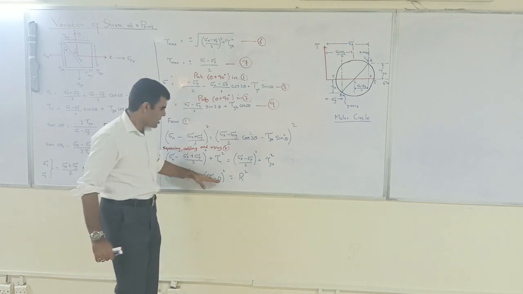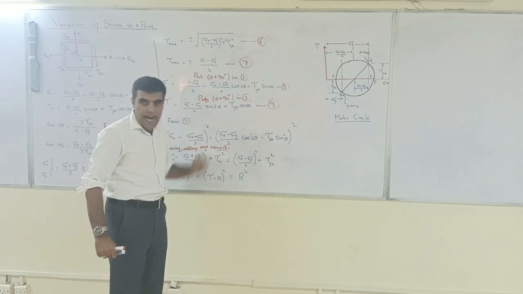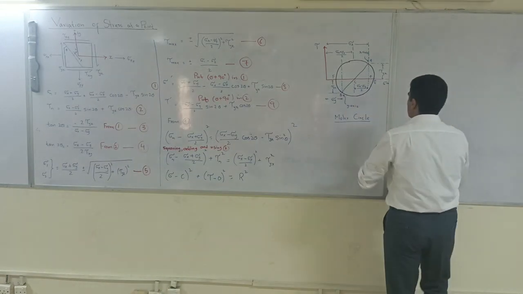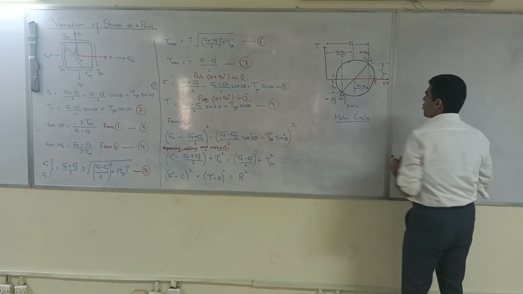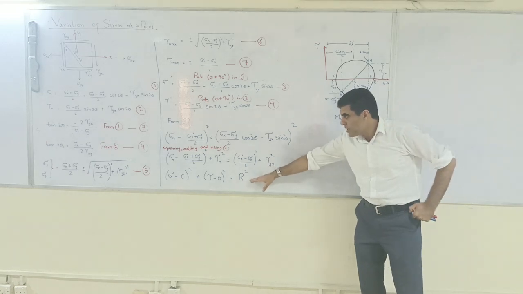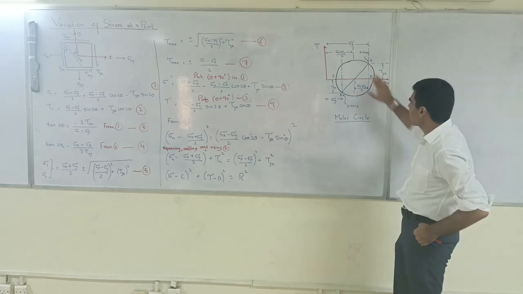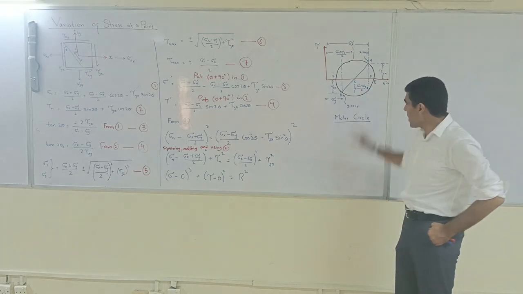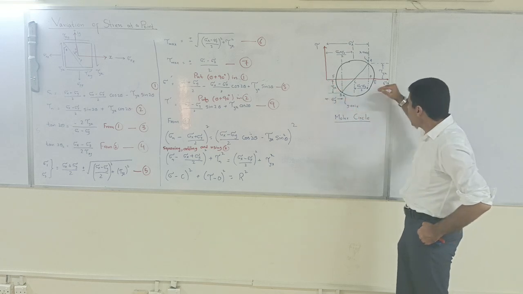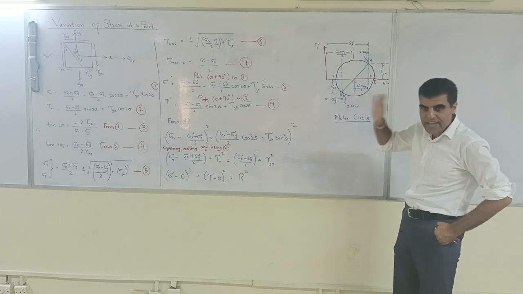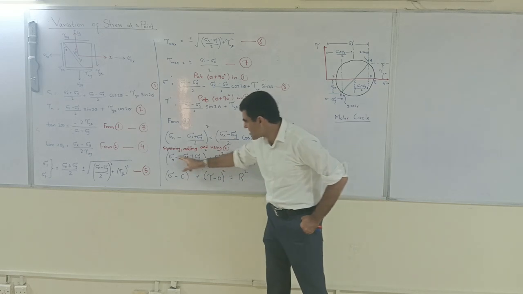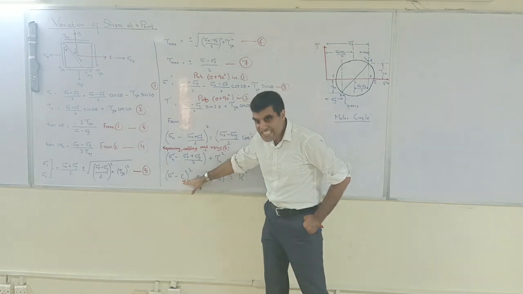And R square, so this is my R square. So the variables in the case of this circle are stress and tau. These are the variables, and so we have to draw our circle in the stress and tau axis. On the stress axis it is offset, because I've got C over here.